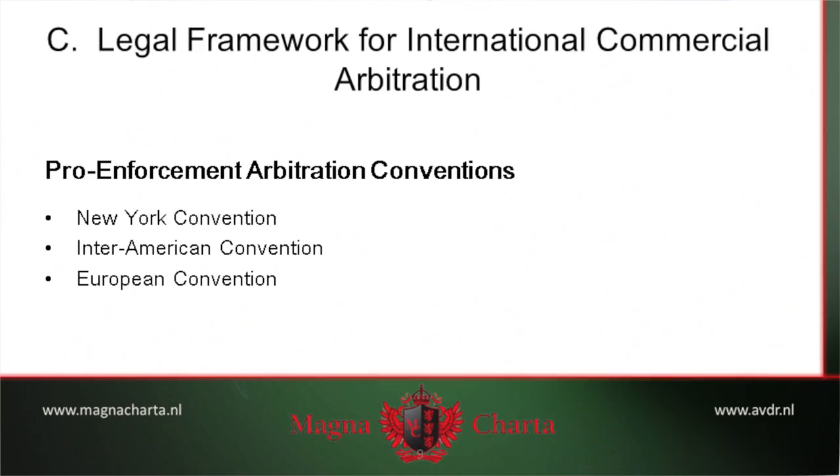And finally, we're going to look at best practices, sometimes called soft law provisions, regarding the conduct of international arbitrations, in particular some soft law issued by the International Bar Association. The starting point for our exploration of the legal framework for international arbitration are the three main international arbitration conventions or treaties.